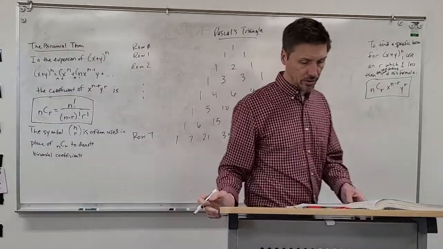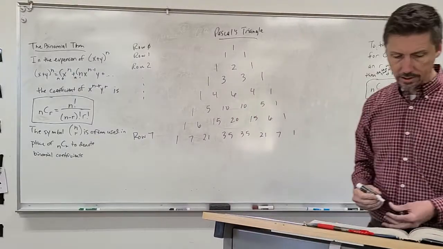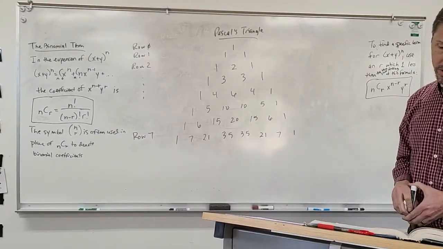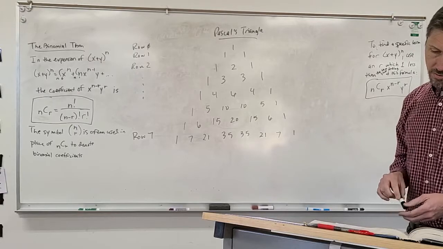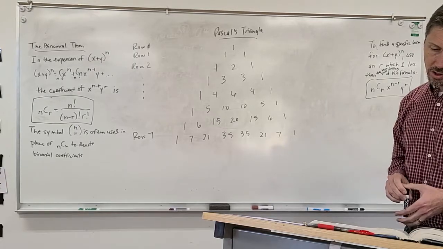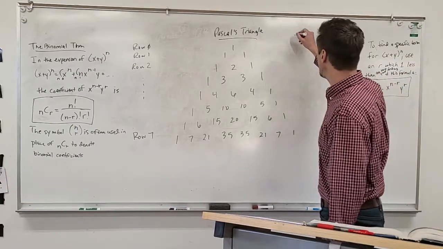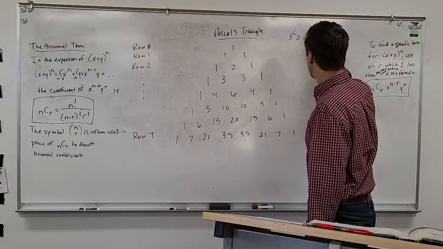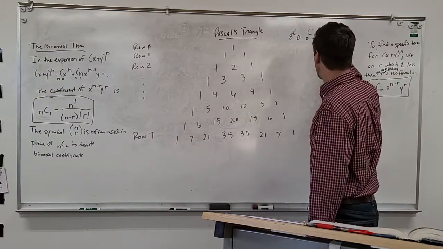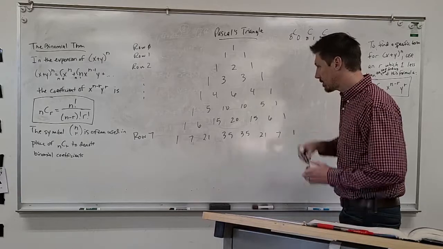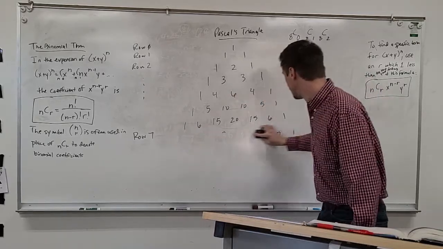And so we can use Pascal's triangle to do problems like example number 8, where it says use the 7th row of Pascal's triangle to find the binomial coefficients, and it lists out the coefficients C(8,0), C(8,1), and C(8,2). So I should have stopped here, actually, right?